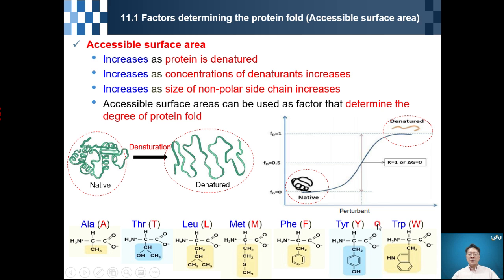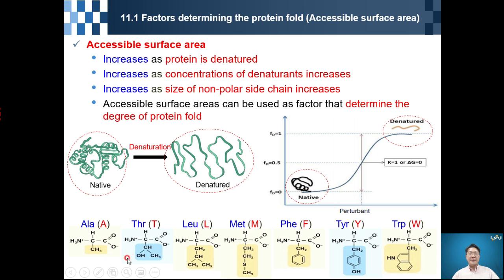As the concentration of denaturant is increased, the protein can be fully denatured. As the protein is fully denatured, the accessible surface area is also increased.